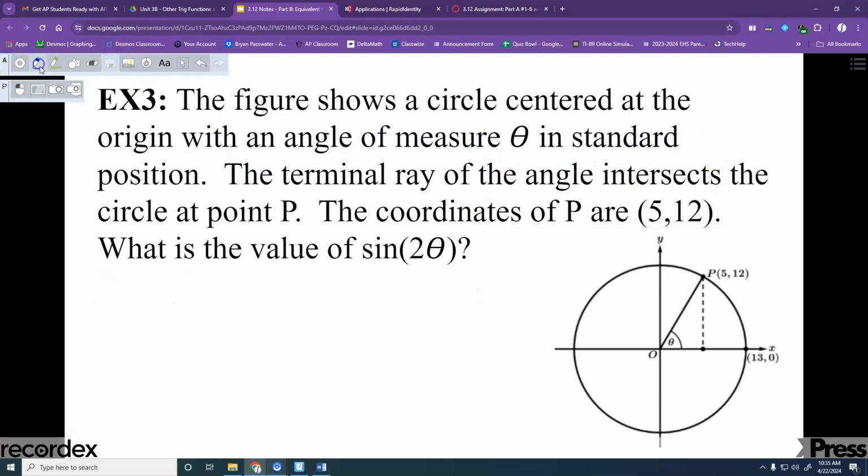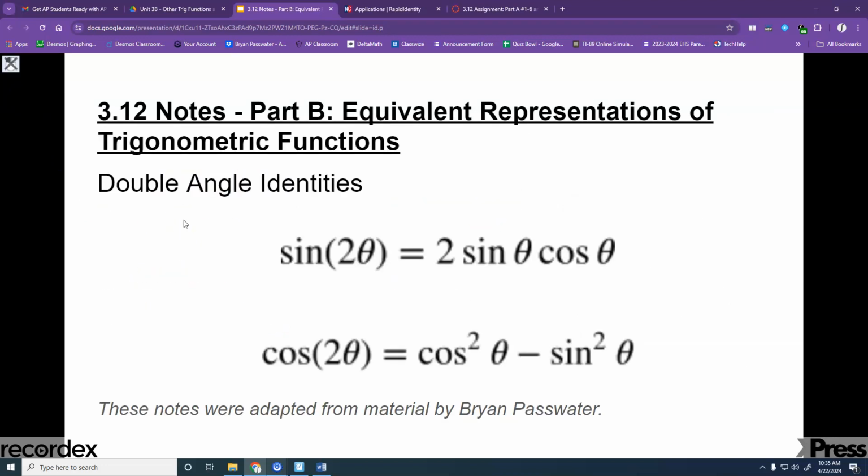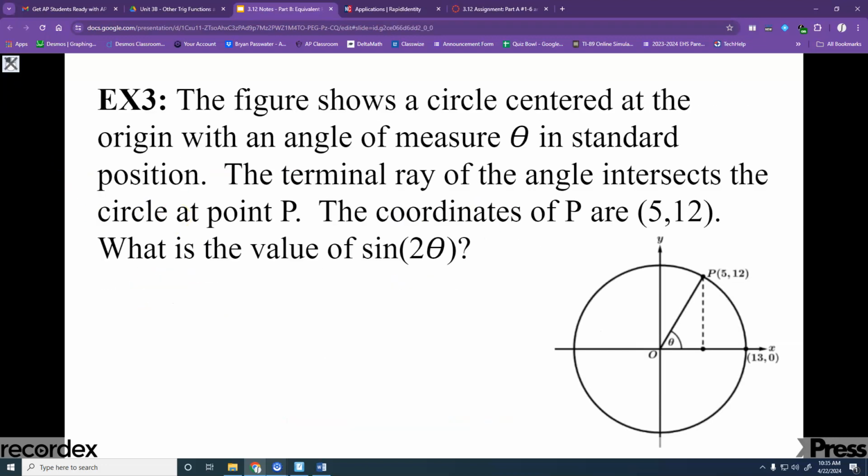I think these are the more difficult ones that he has put in these notes. I kind of made my own notes, but this one came from Mr. Passwater's notes. Did I put that at the beginning of these notes? Adapted from him? He just wants you to give credit, so you know where it came from. Teachers a lot of times will pass this on to other teachers.